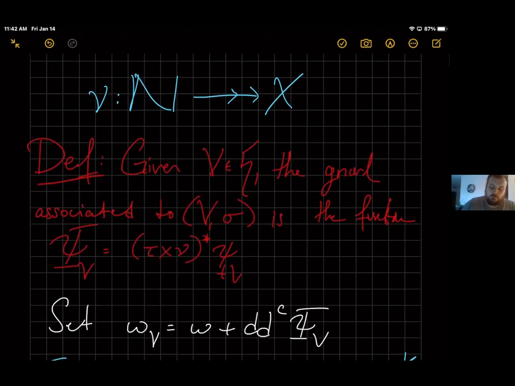So psi sub tV has this real coordinate for the time tau, and then is a function on X otherwise. So we can pull that back, and that'll give us a function capital Psi sub V, which is now defined on N breve, away from the zero section.